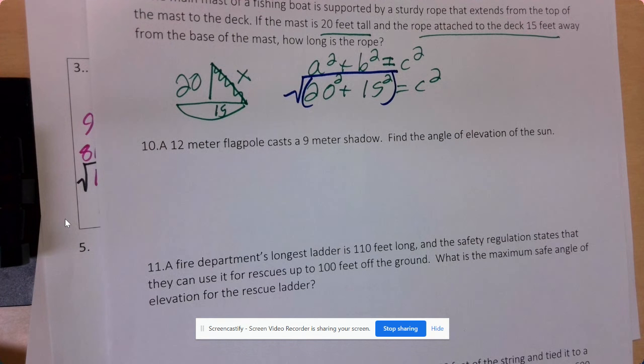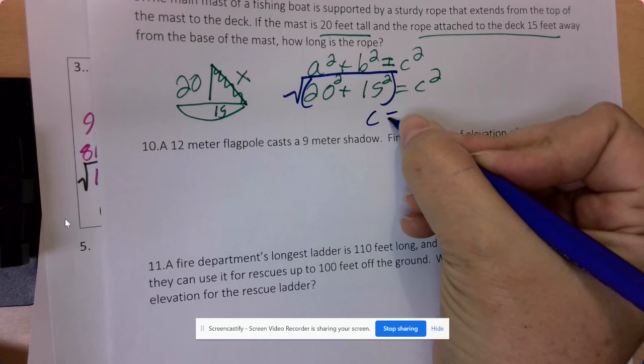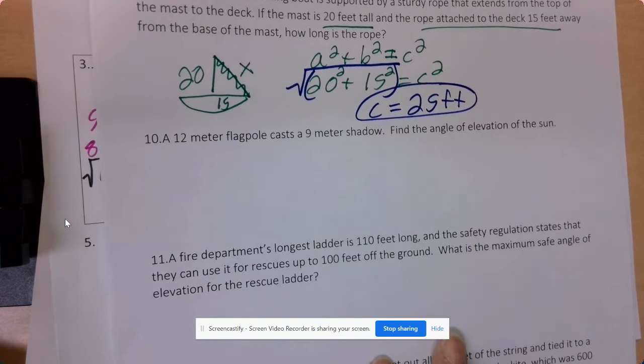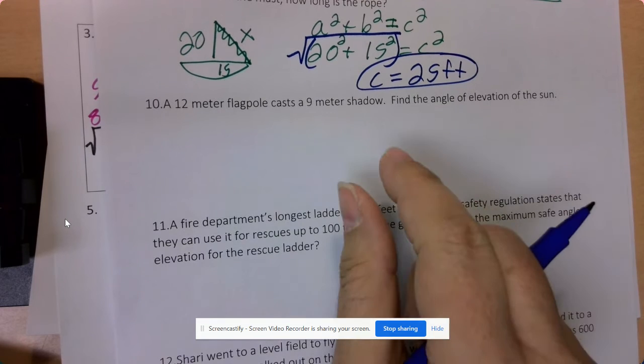It's up to you, everybody: step by step, or putting it all together. And it would be 25 feet, so the rope would be 25 feet long. Rope, ladder, those are all going to be hypotenuse.